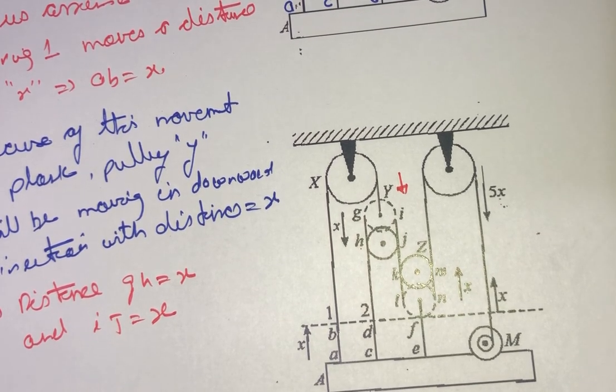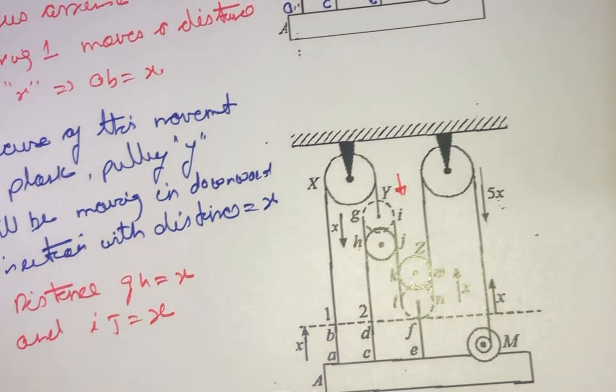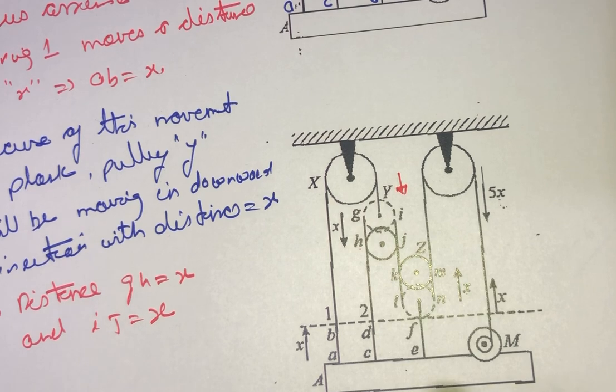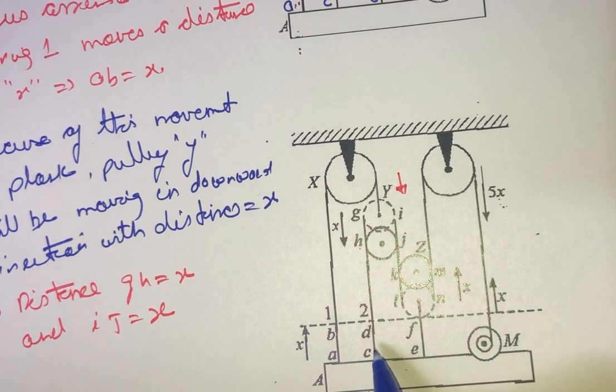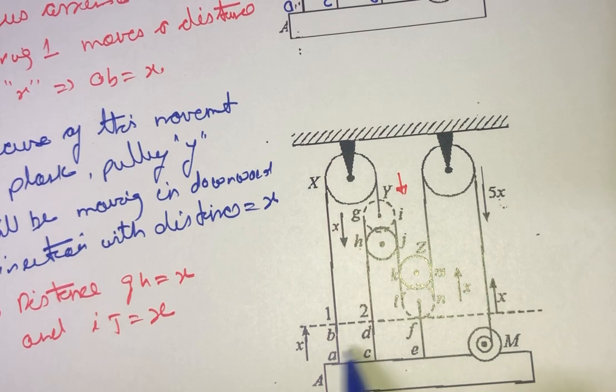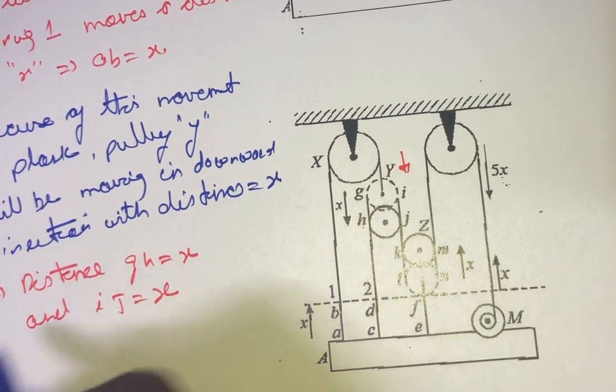So the initial slack in string 2, as plank A moves in the upward direction, there is an additional slack of CD which is also equal to x.